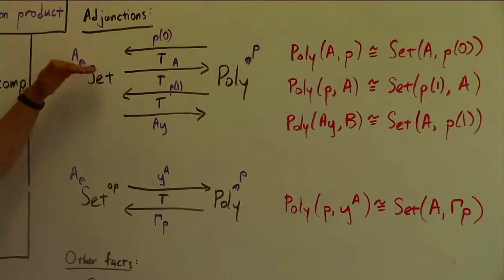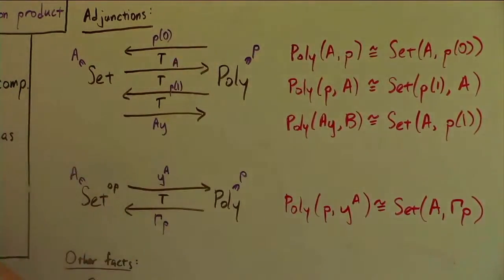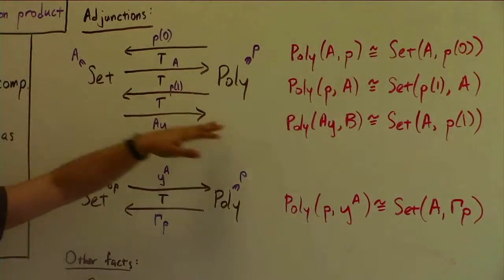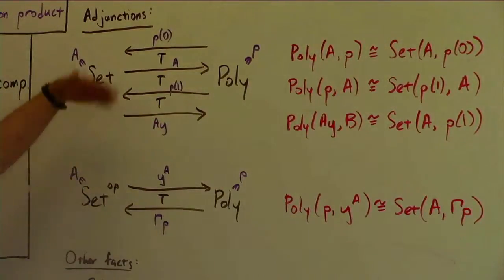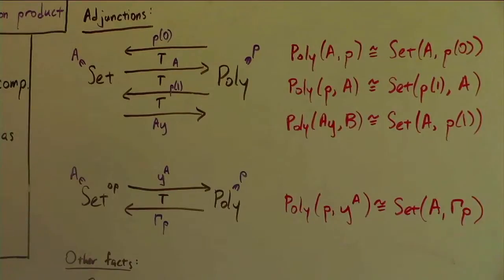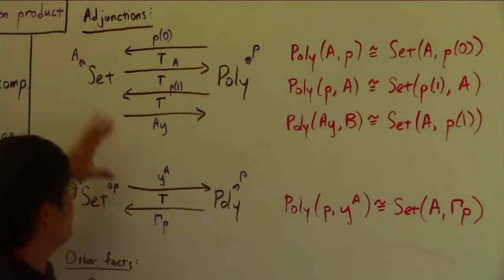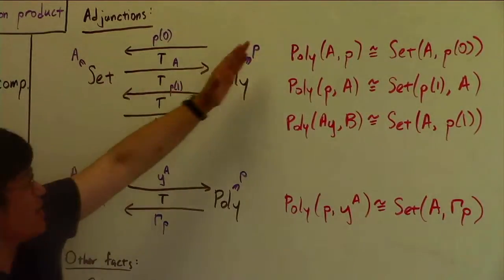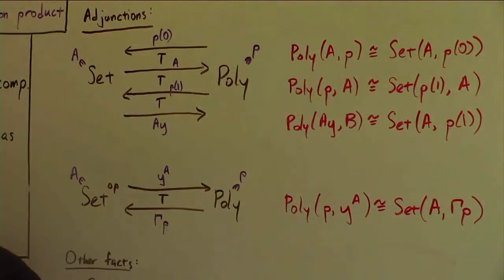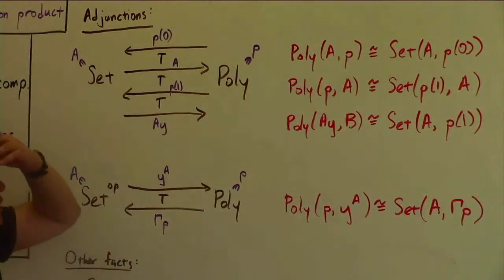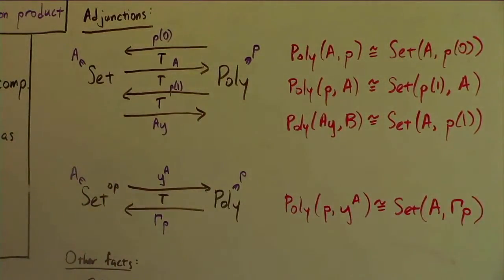In fact, these two rightward functors are both fully faithful, so we get these two copies of Set in Poly, and we get these adjunctions with them. What these adjunctions say is that all of these isomorphisms hold naturally, and we can see how some of these work.